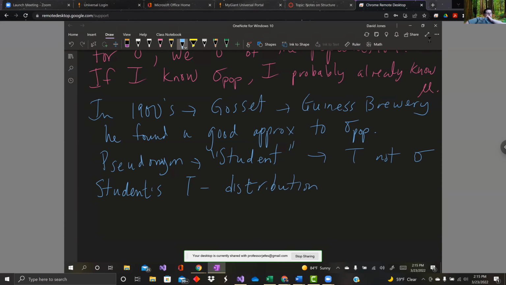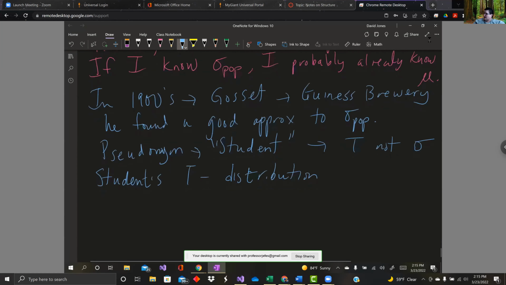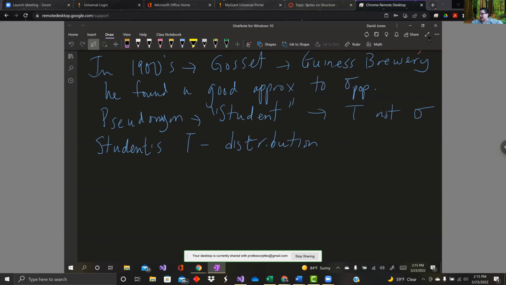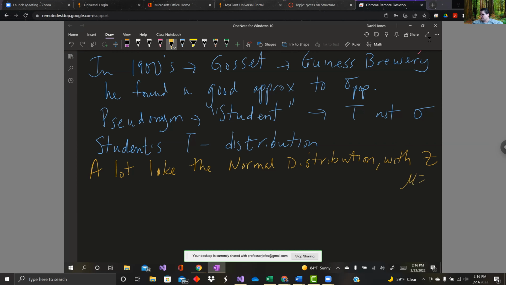Okay. And so the T distribution, it's a lot like the normal distribution with Z. You know, a good old Z-score, where we had a mean of 0 and standard deviation of 1.